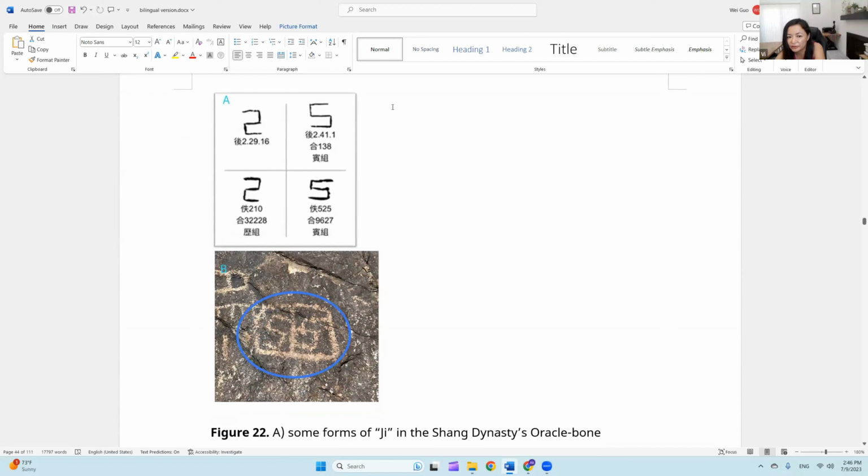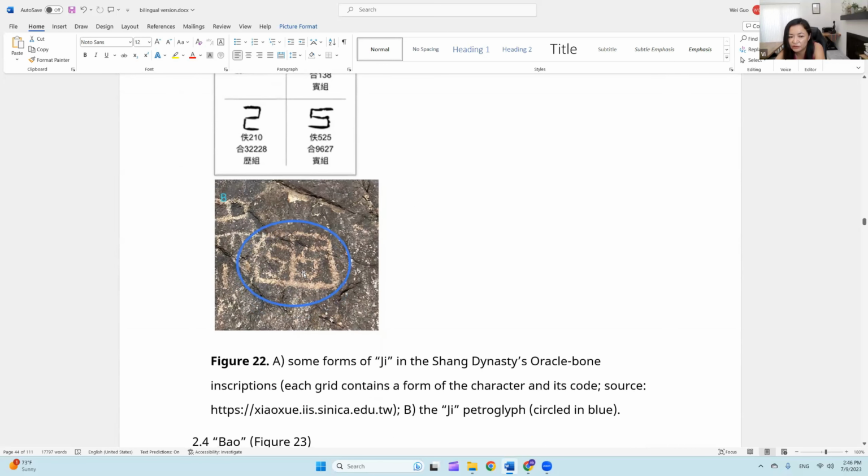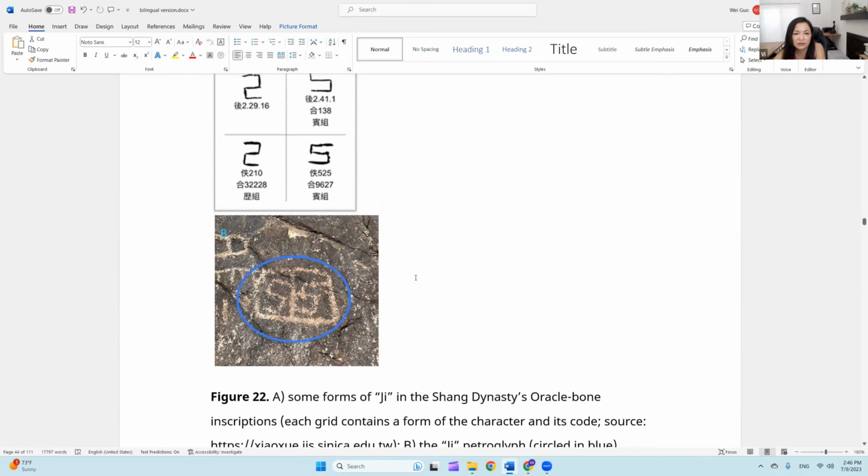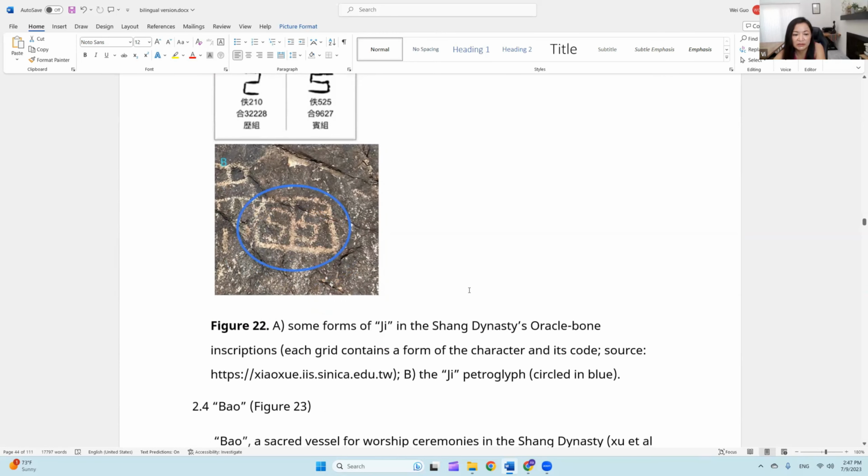One form is facing towards the right. So these 2 facing right are similar to these 2. But anyway, no matter which way they are facing, the logic of the structure for these characters is consistent.